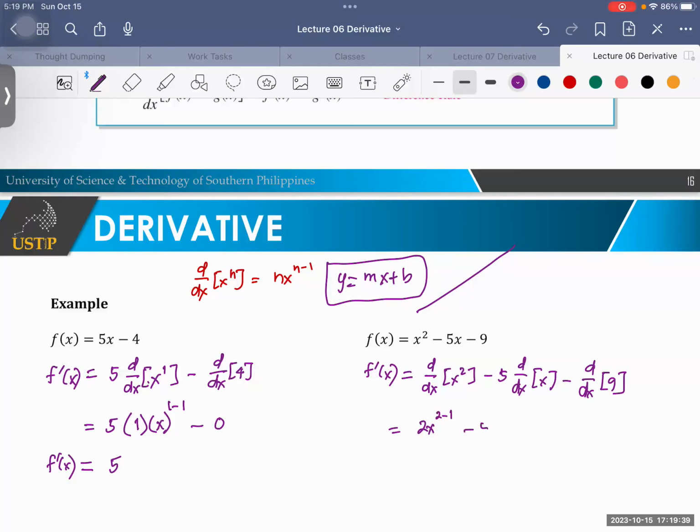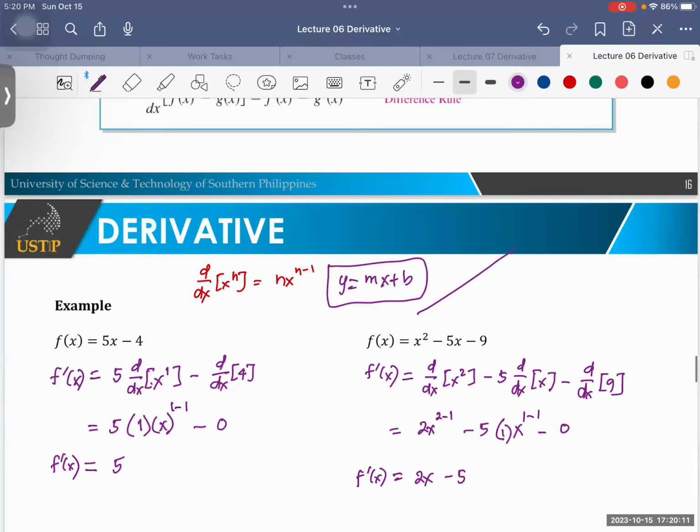Minus 5, pareho ni kanina, 1 times x raised to 1 minus 1, minus 0. So this will become 2x. Mahimo ning x to the 1. And then kini siya, mahimo na ning x to the 0 or equivalent to 1. So that is minus 5. Nya, 0 na man ang third term. So simply, ang answer is 2x minus 5.